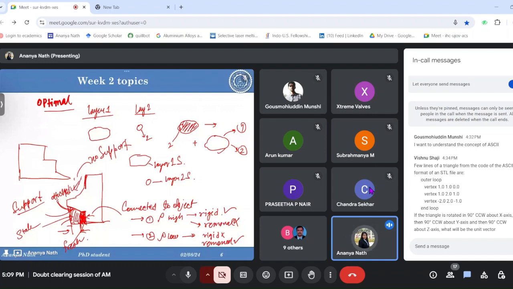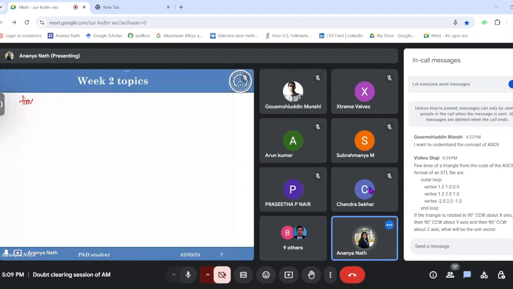Then after this, the next part comes, which is the orientation of support. Now, orientation of support mainly depends upon many things, but the most important thing is that the time of the printing should be optimized. Optimized means minimum in case of time.